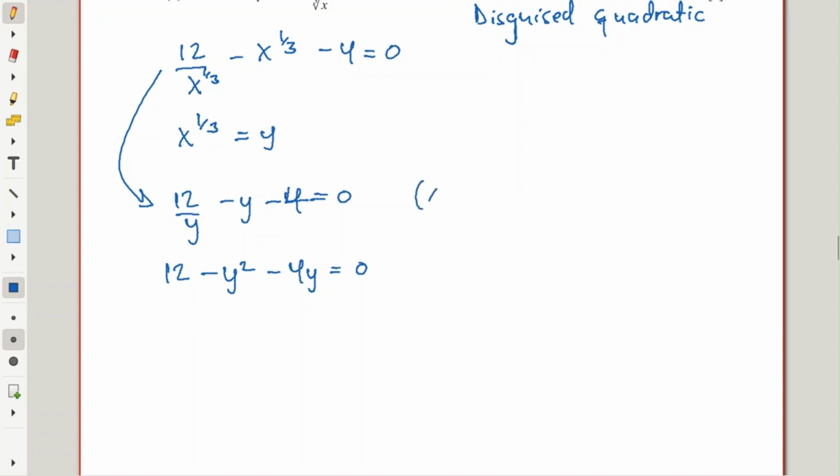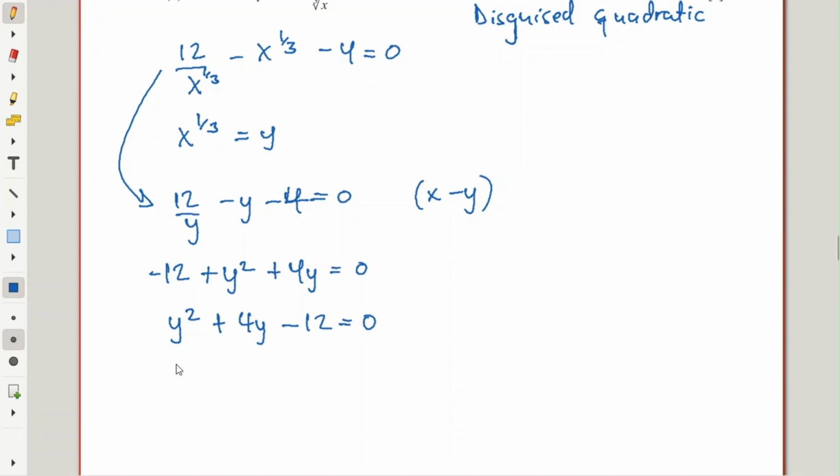Let me multiply throughout by negative y rather. So here will be negative, positive, positive. So y squared plus 4y minus 12 is equal to 0.